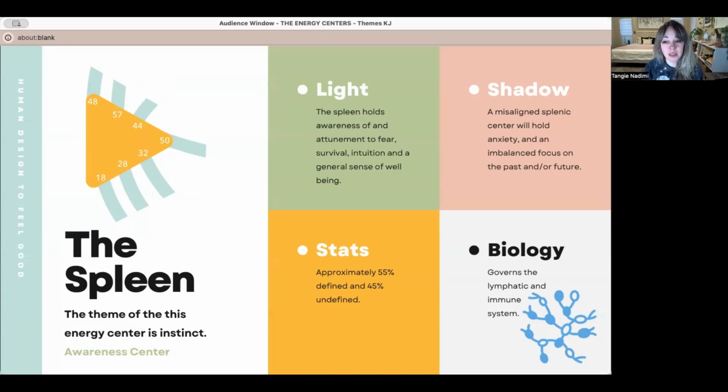The spleen is going to govern the entire immune system and the lymphatic system of which the physical spleen is a part. So when you have someone with a defined spleen, the challenge is to learn to trust yourself, your body, your intuitive nature.